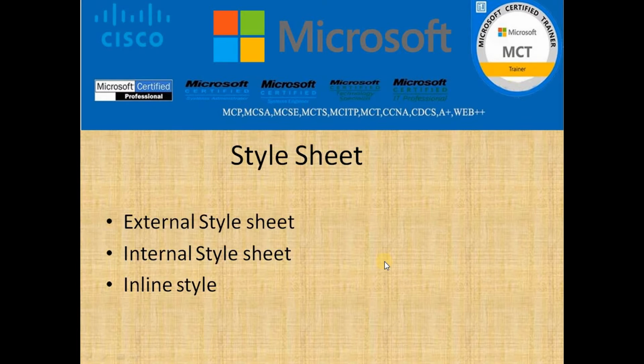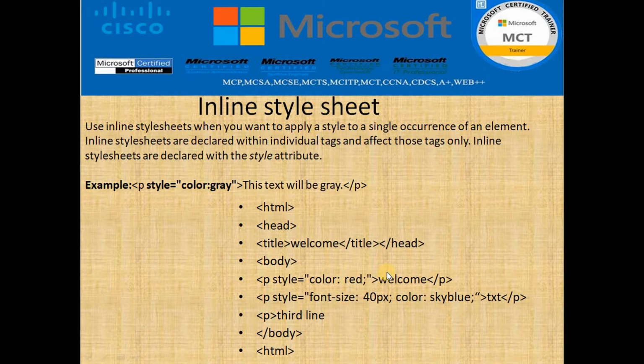What I'm trying to show you here is the inline style sheet. When a user starts writing code to design any web page, small or bigger, any size, you might have noticed that the page is designed with so many colors, so many fonts, so many images, so many pixel sizes. These things occur in your elements.